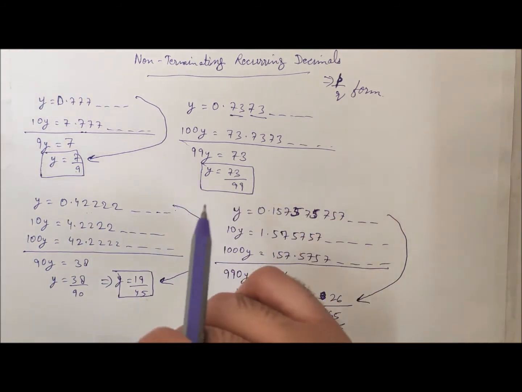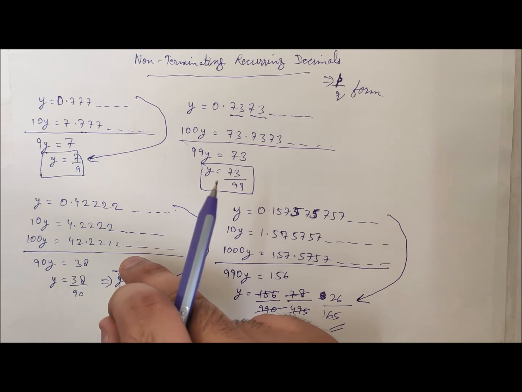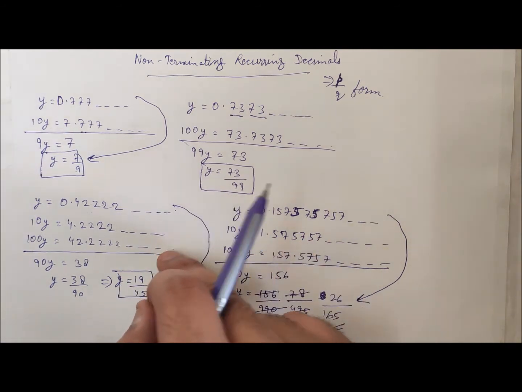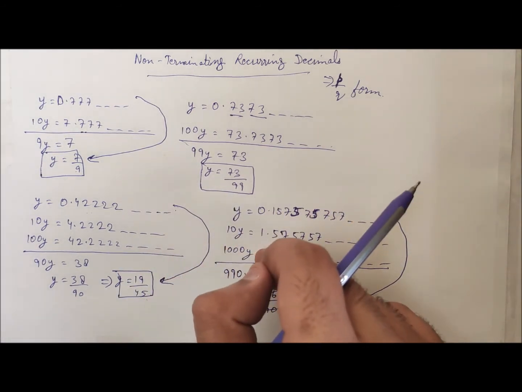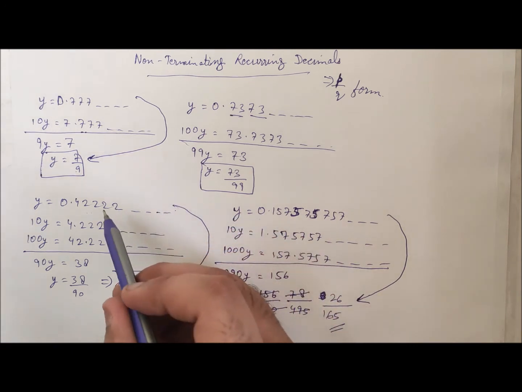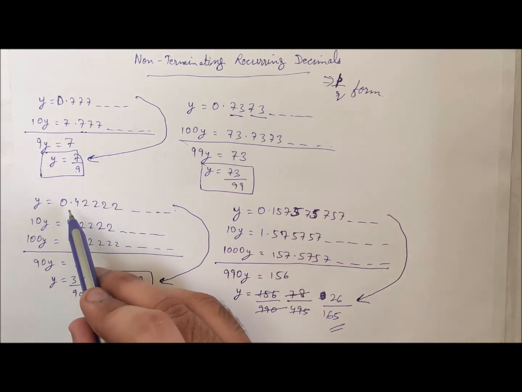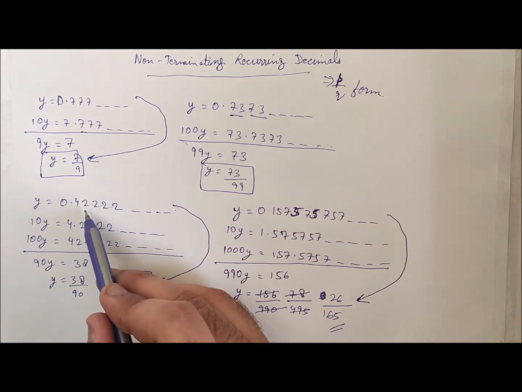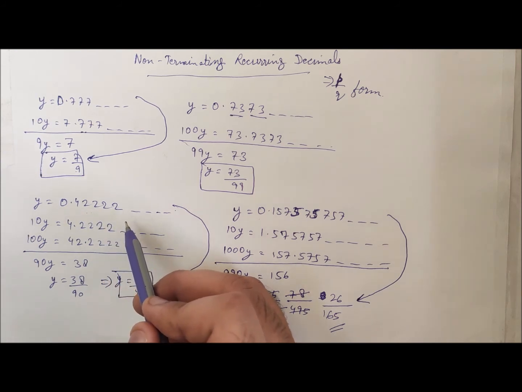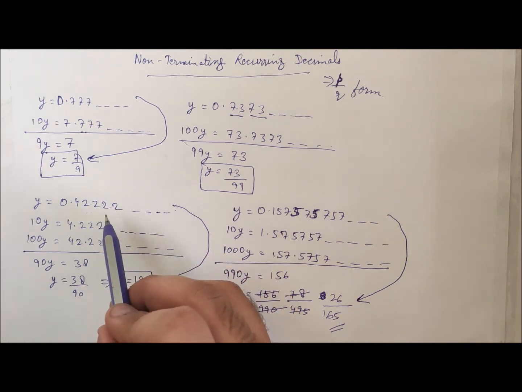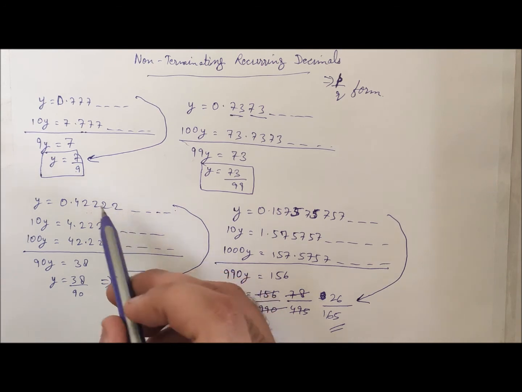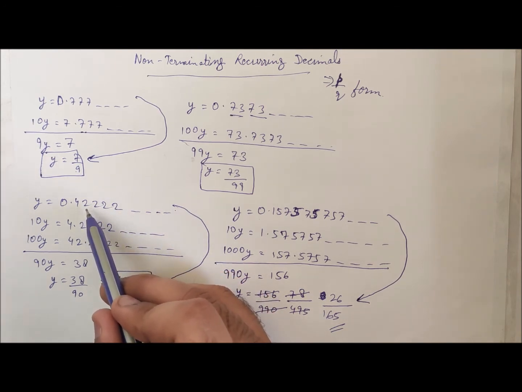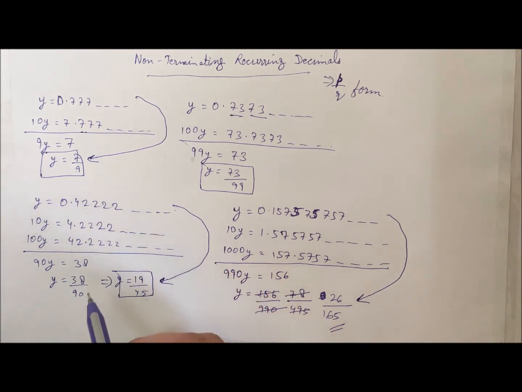Now there is a confusion over here. How to go about the type of questions that we have done in the bottom part of the video? Since the single digit 2 is being repeated, I put a single 9 over here.